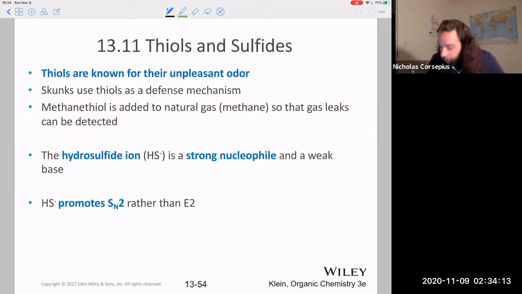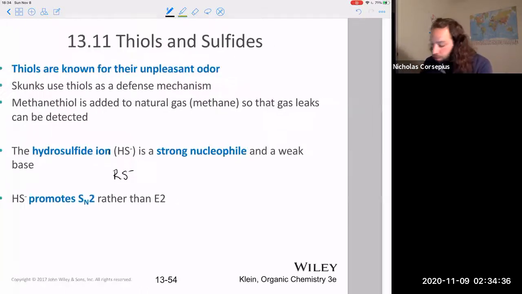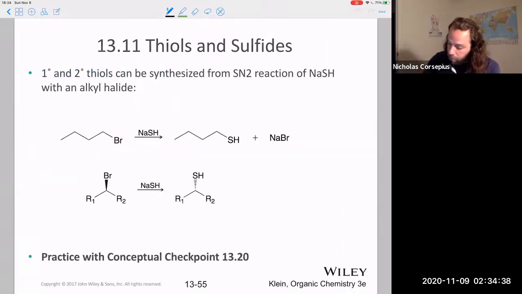What we learned about these sulfurs, in particular, whether it's RS minus or the hydrosulfide ion, is that they are strong nucleophiles, but weak bases. That kind of unique category where they don't promote elimination reactions, but they are very good at substitution reactions. So in terms of how we create thiols, we would use hydrosulfide ion in the presence of, for example, an alkyl halide, which readily undergoes substitution reaction.